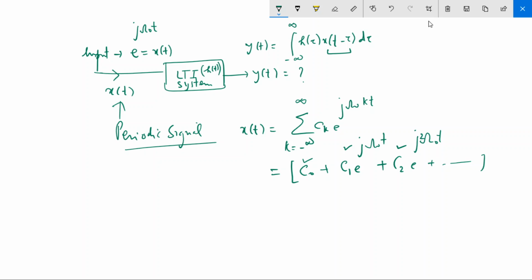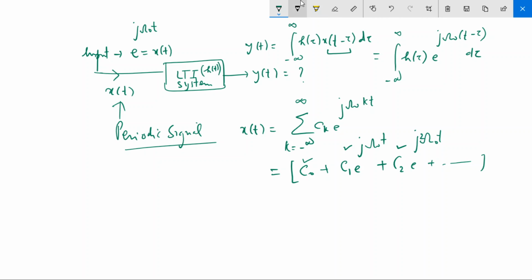And what is x(t) in this case? x(t) is e^(jω0t). So you can write this equation as the integral of h(τ) x(t − τ), that is, e^(jω0(t − τ)) dτ.